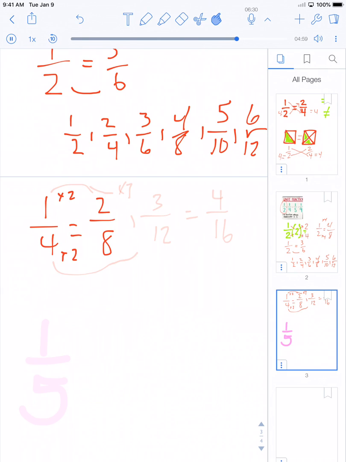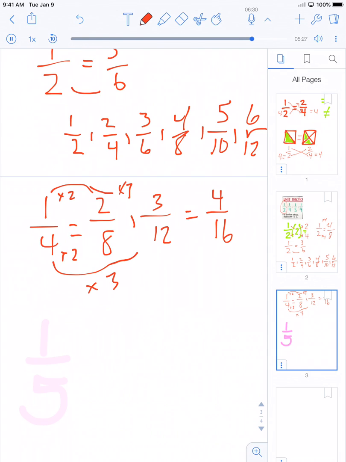Now I could do that again. I could just, right here, 1 times 3 this time equals 3, and 4 times 3 equals 12. So 1/4 equals 2/8 equals also 3/12. And I could go again and do everything times 4, and that would be 1 times 4 is 4, 4 times 4 is 16.